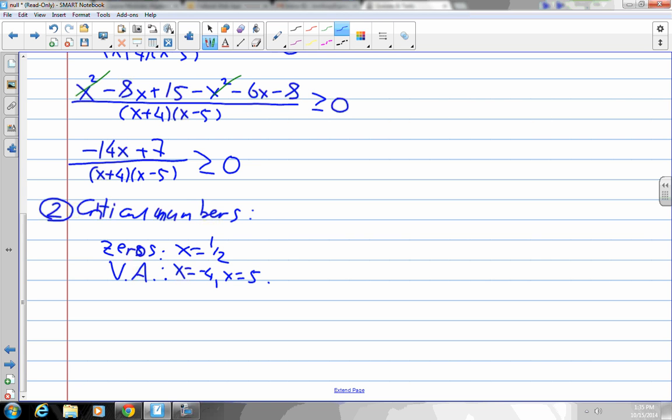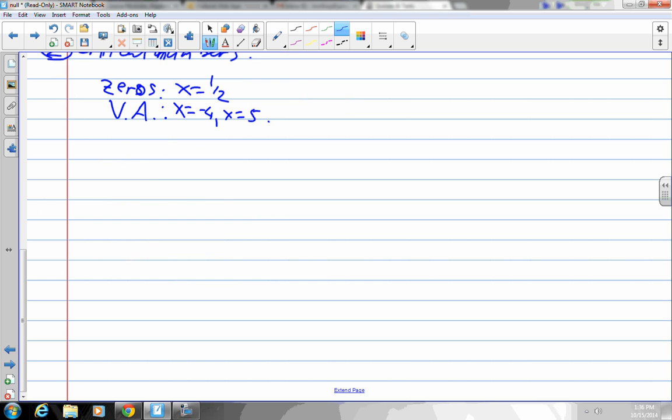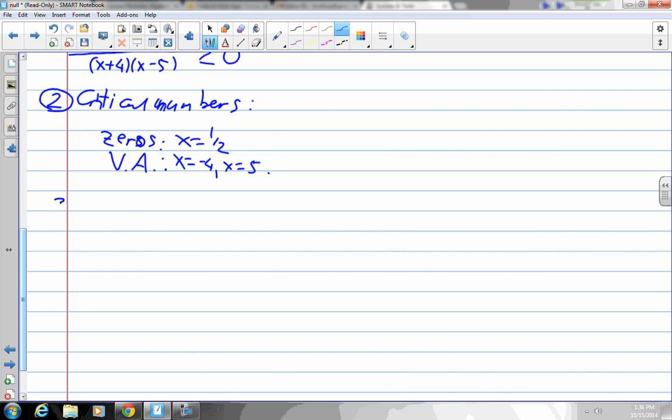All multiplicities are singles, so the sign will alternate at each one of those, right? I've been saying this for over a week now. So really, all we need is one sign. If I figure out the sign at one of the intervals, then I can do the rest by alternating it.